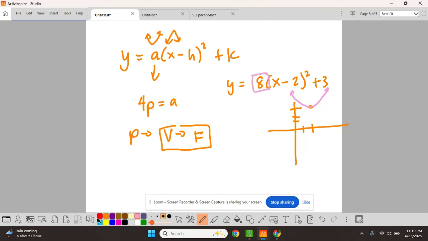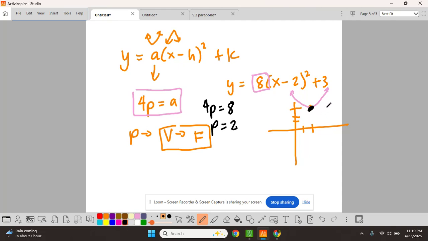But how far or where can I find my focus? You know that 4p is equal to a. That's a very crucial formula. So 4p is equal to 8 in this case here. And if you divide it by 4, p is equal to 2. So therefore, I know that p is the distance from the vertex right here to the focus.